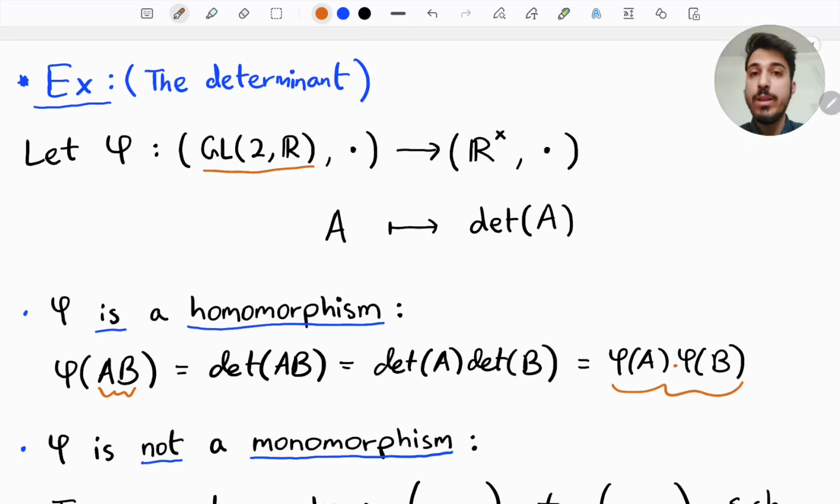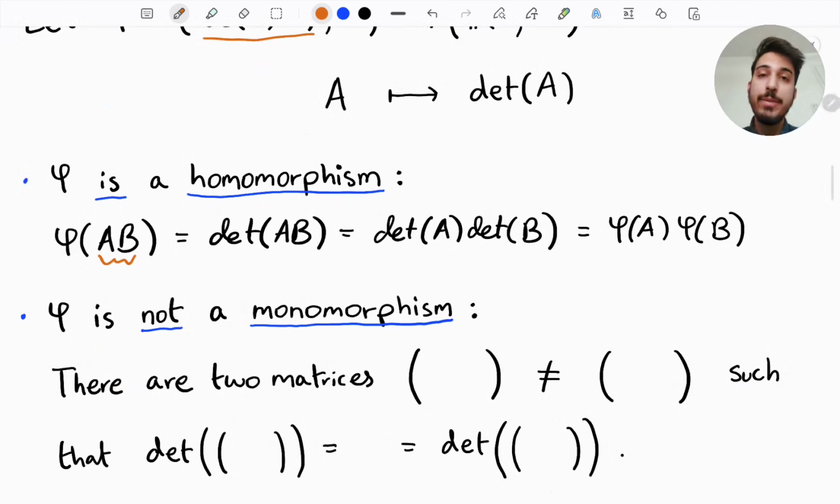Next, we want to prove that phi is not a monomorphism. In other words, it is not injective. To do that, we need to find two matrices which are different but give the same result when you apply the determinant. So the two matrices are, for example, [[1, 0], [0, 4]] and [[2, 0], [0, 2]].